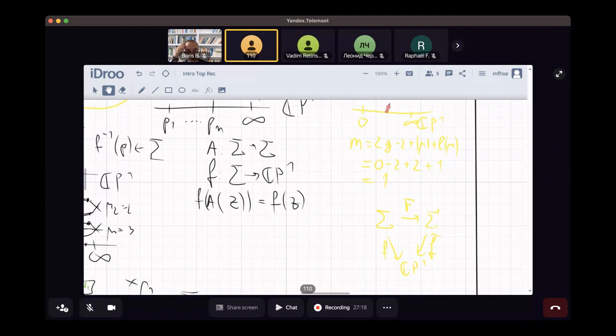We can have a smaller number of pre-images, but in the vicinity of each pre-image of a critical value upstairs, locally this should always look like z to some power mu_i, right?